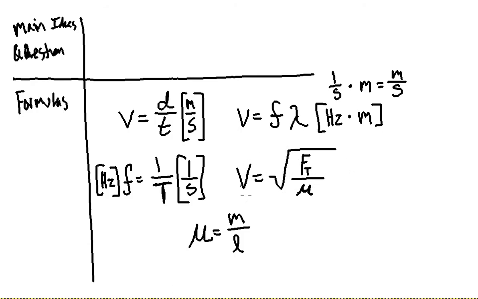All right, so I think in one of our videos I showed you how this all comes out to be meters per second. I'm not going to go through that again, but we know that newtons is what measures force. And then over here, actually before I throw this in here, let's just look at it down here. Mass is measured in kilograms. We've been talking about that since the beginning of the year. Length is measured in meters. So the units for mass length ratio is kilograms per meter.